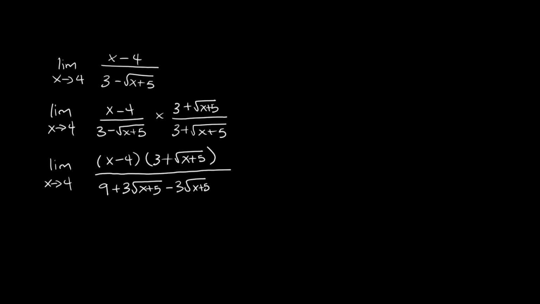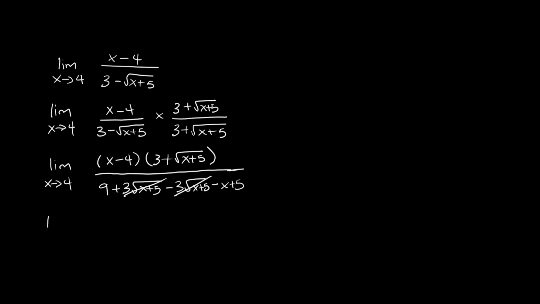And negative root x plus 5 multiplied by positive root x plus 5 should just give us negative x plus 5. Sorry about that. And now that we've FOILed our denominator, we can go ahead and cancel these two.